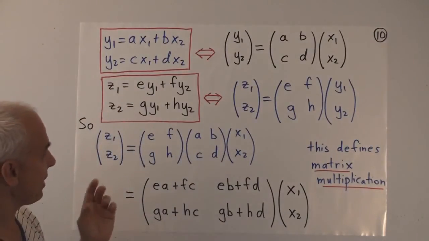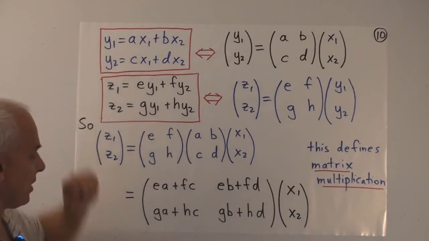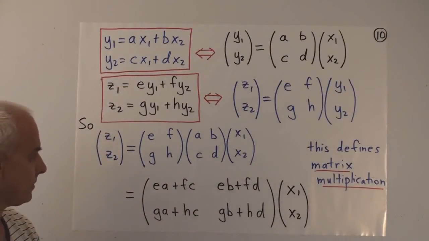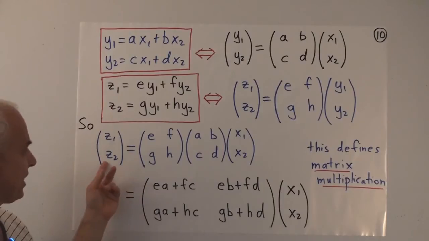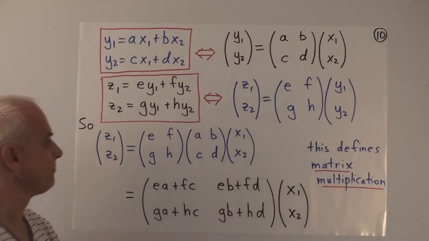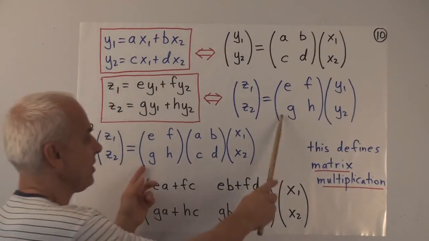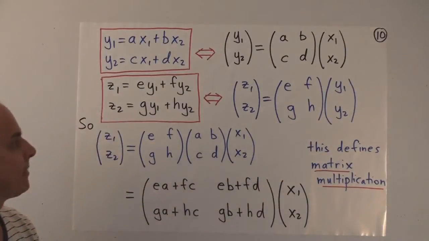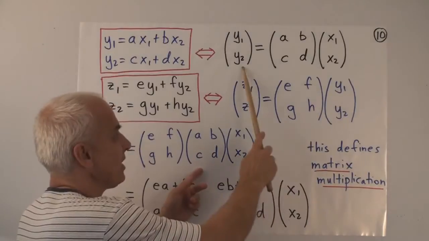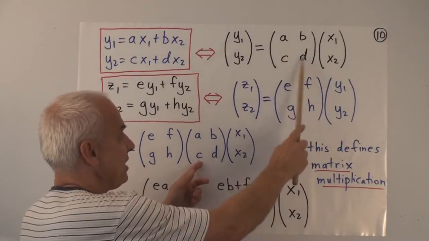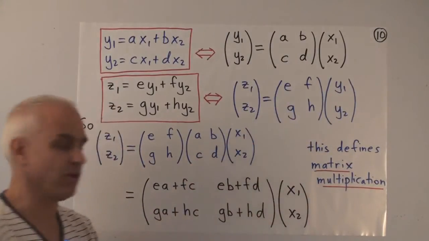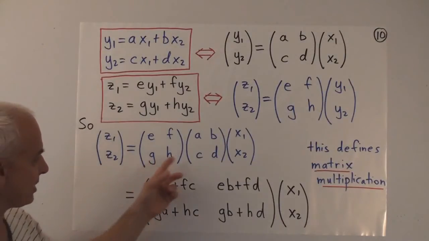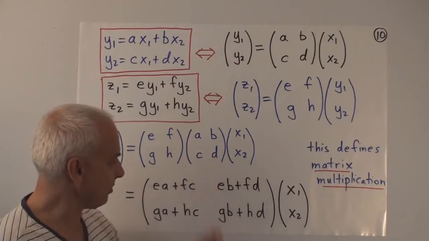All right, now let's think about combining these two changes of variables like we did earlier. Let's take z1, z2 from here. This is equal to EFGH times y1, y2. And y1, y2 is itself, from this equation, ABCD times x1, x2. So if we write it this way, we see that we have three things multiplying.